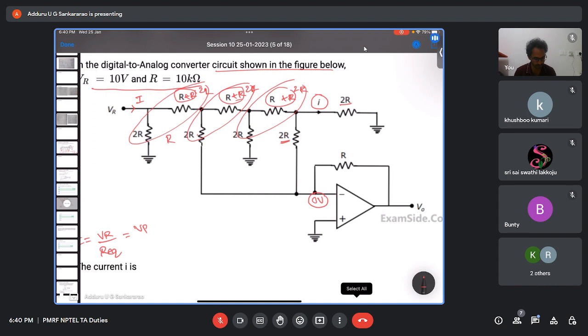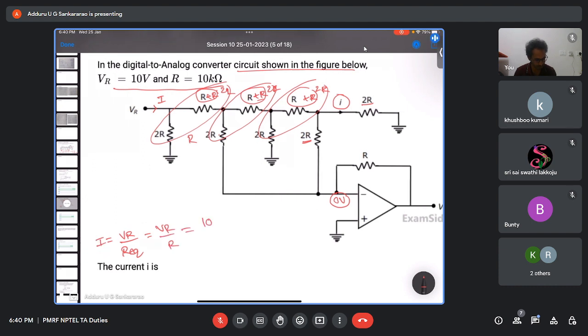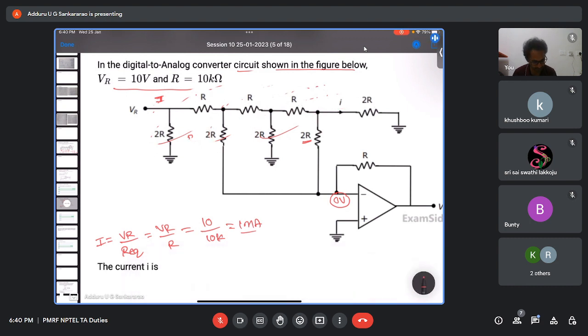So VR by equivalent resistance R. What is the current here? 10 volts by 10 kilo. That is 1 milliampere. That is the current I here. But what they are asking is the small i. This current they are asking. Just like we have seen how it divides, here it goes divided as I by 2, I by 2.